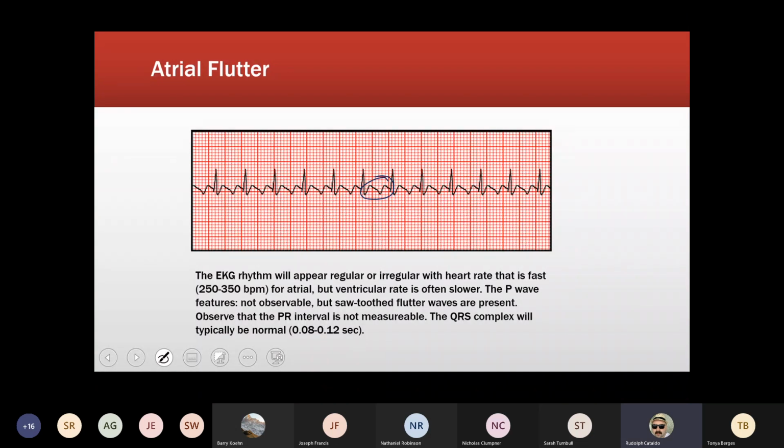Now, if I wanted to go even more in depth and say what type of flutter this would be, it's classified as 2-to-1 because I have 2 flutter waves for every complex. If I had 3 flutter waves, it would be 3-to-1. If I had 4, it would be 4-to-1. That makes sense? So 4-to-1 would be literally 4 and then a complex, and then 4 and a complex.